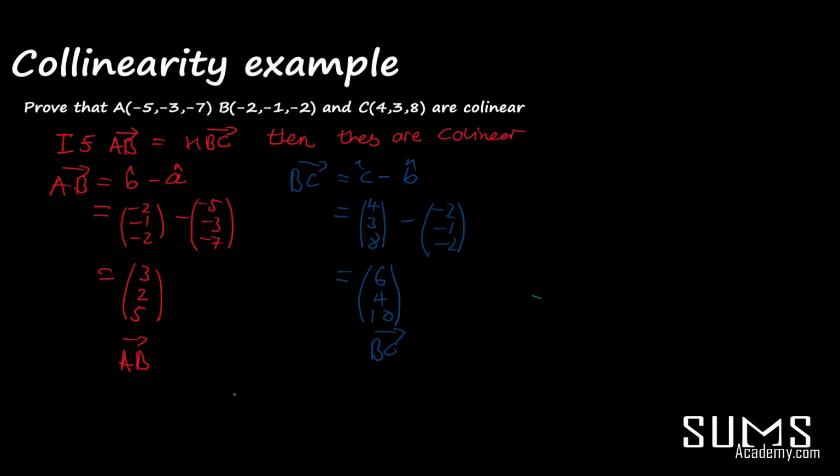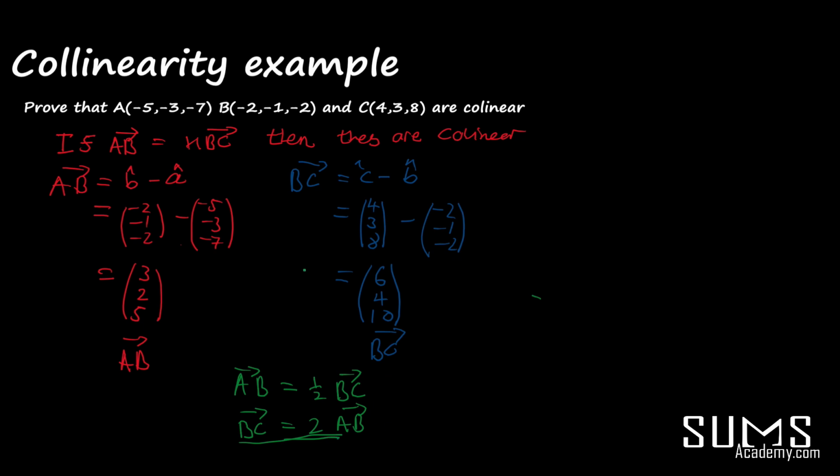So you could write a statement like this that says AB equals a half of BC, or you could write BC equals 2AB. I tend to like to stick with whole numbers, and not get a fraction, because it makes it a bit simpler.